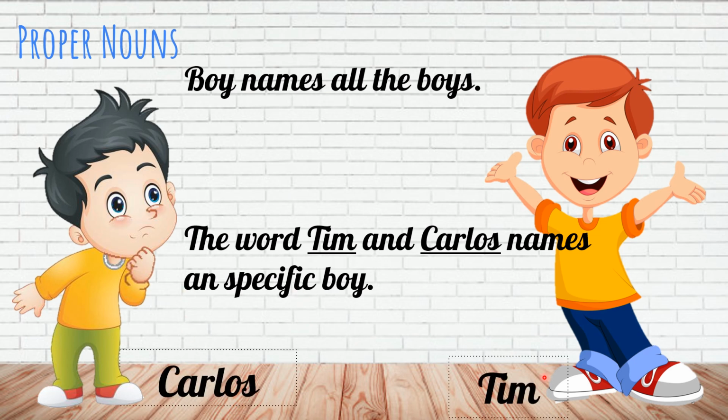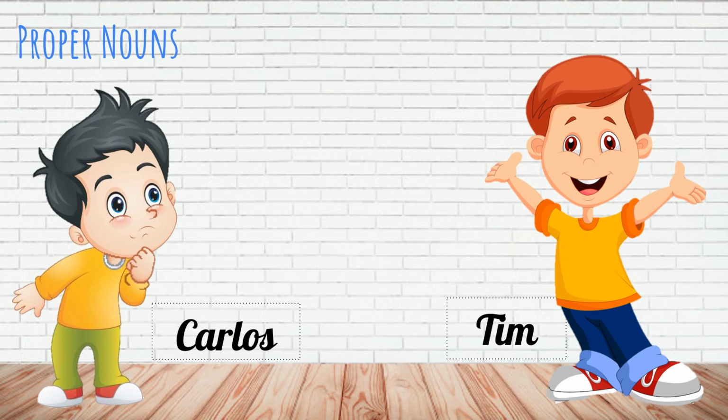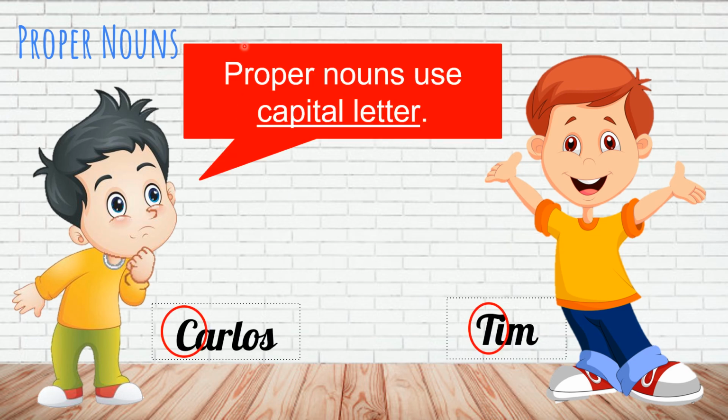So this is Tim, and this is Carlos. Proper nouns use capital letter. Only the first one, number 1, the letter C, capital letter. For Tim too. All proper nouns use capital letter.